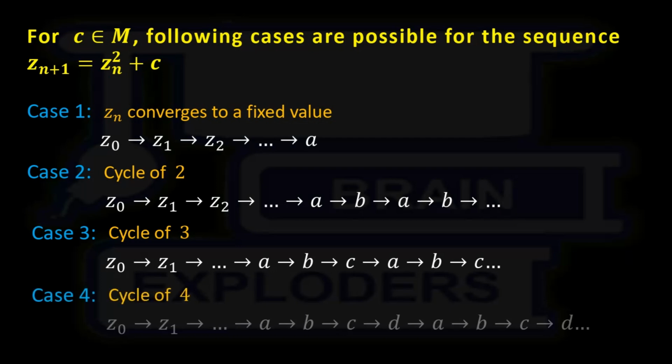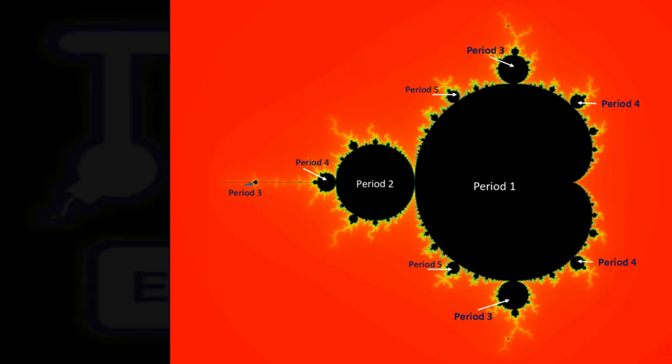Now, in this image of the Mandelbrot set, the periods of different regions are mentioned. In the main cardioid of the set, sequences converge to fixed values. In the largest bulb attached to this main cardioid, the sequence has a cycle with period 2, and again in the largest bulb connected to this region of period 2, there occurs a region of period 4.